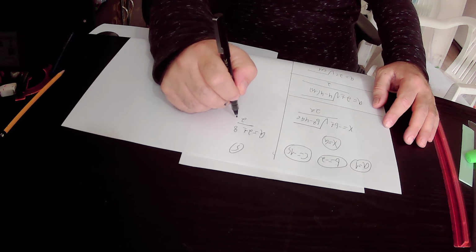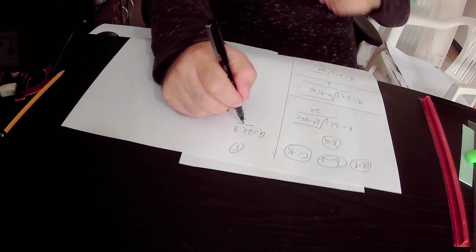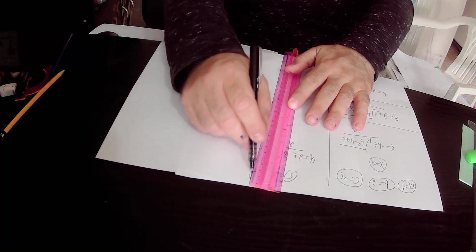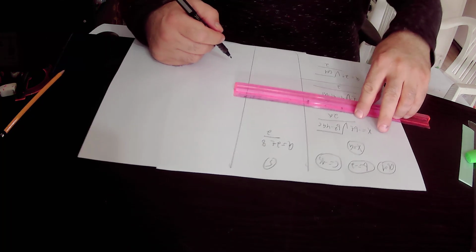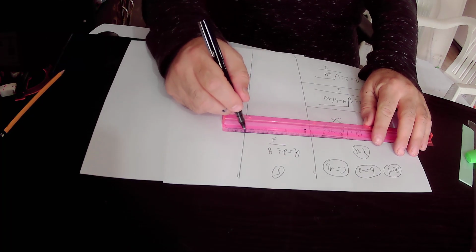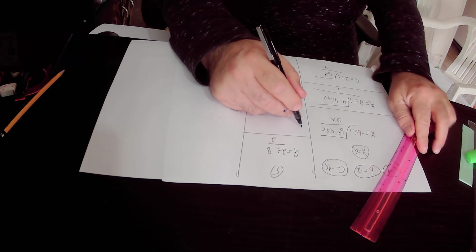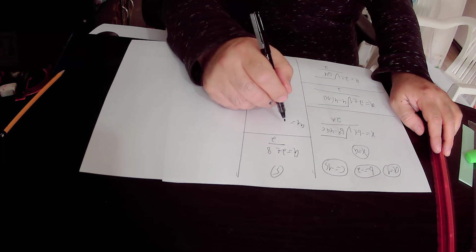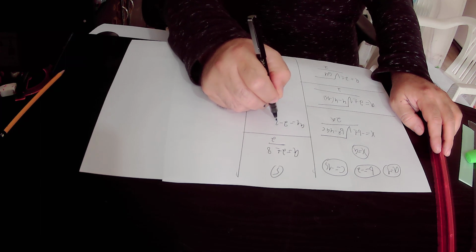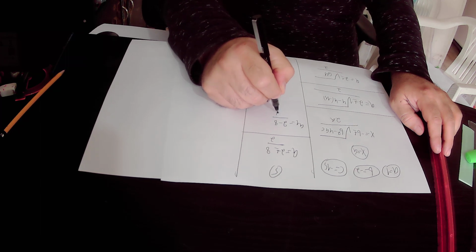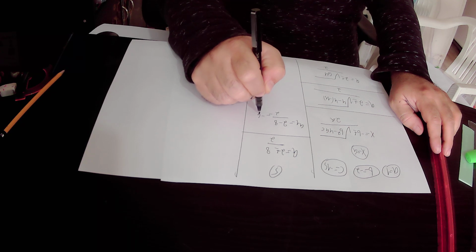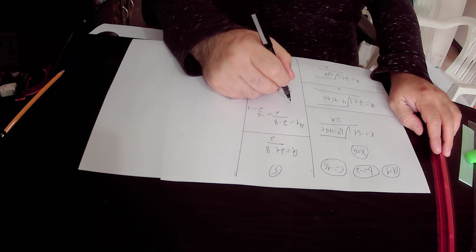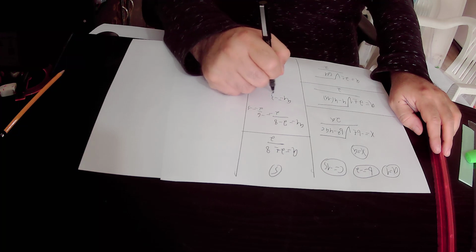Here we have two possible solutions for A. The first solution for A is A1 equals 2 minus 8 over 2. 2 minus 8 is minus 6. Minus 6 over 2 is minus 3. So A1 equals minus 3.